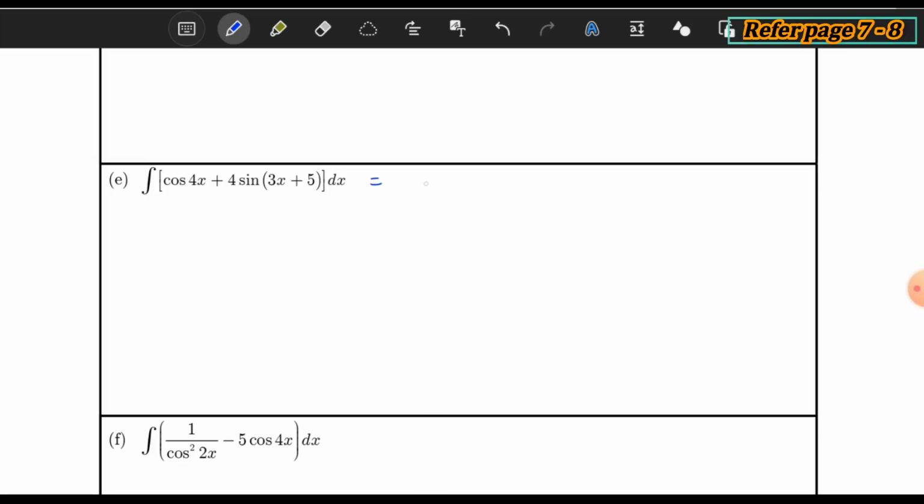Integrate cos 4x is sin 4x over 4, plus, for the constant, integrate sin is negative cos of 3x plus 5 over 3, plus c.